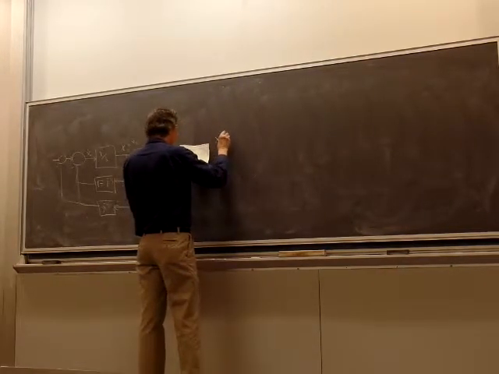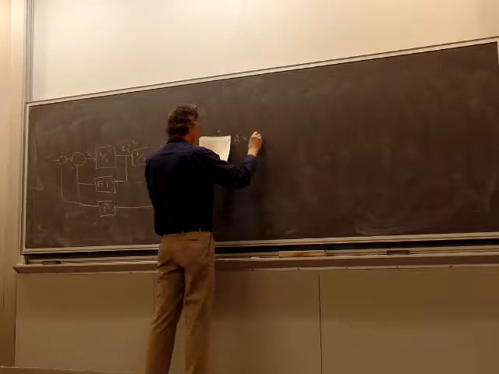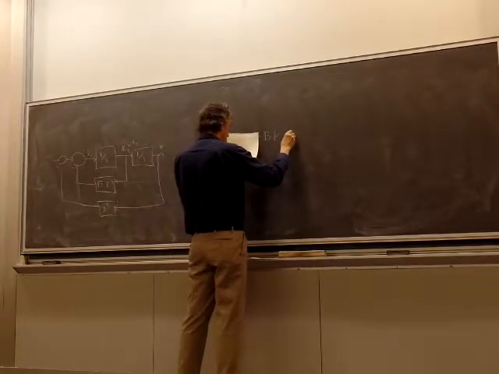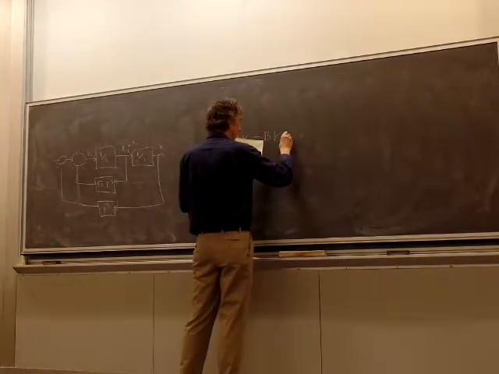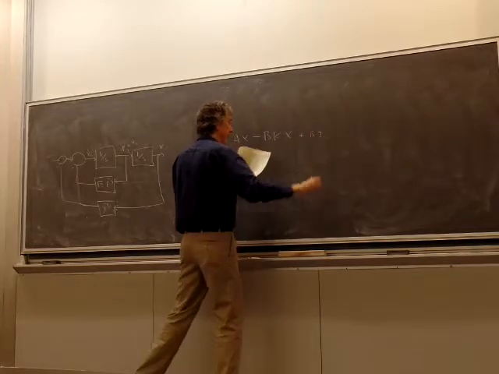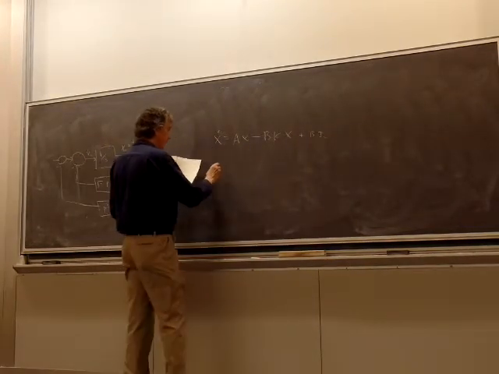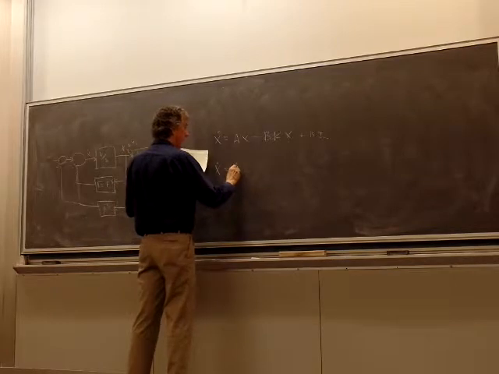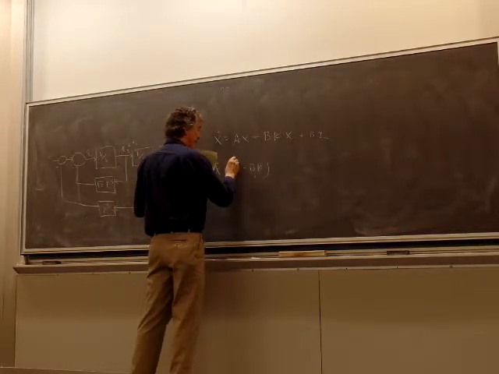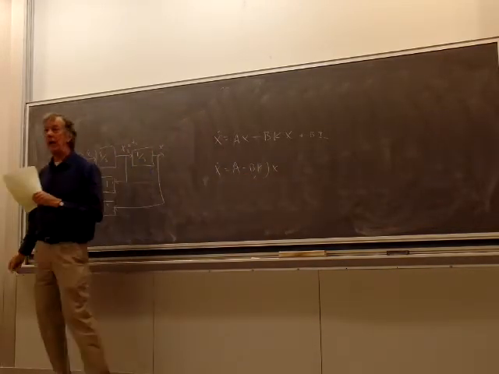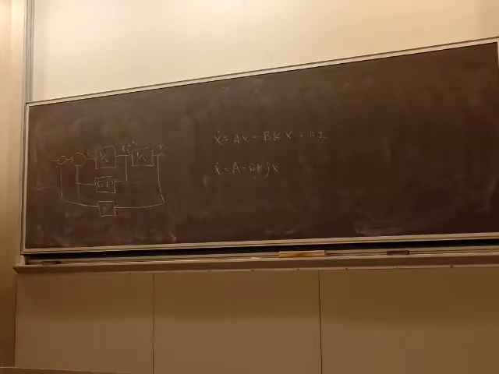So now x dot is Ax minus B times Kx plus whatever input I have. That's the same thing we've always had. It doesn't change. The only thing we've done is how I figured out what my gains are. That's the only difference.